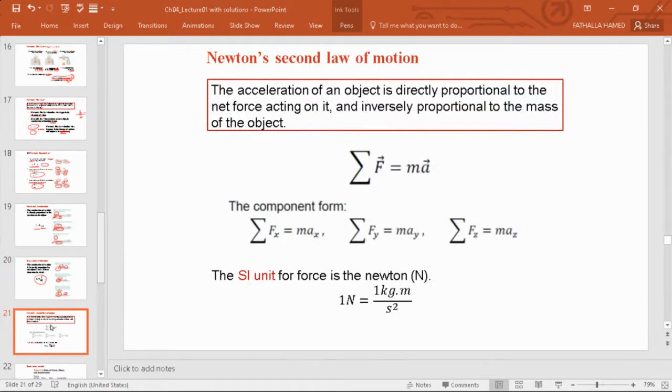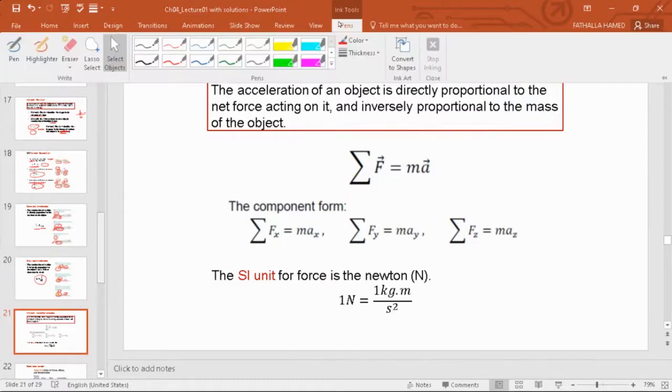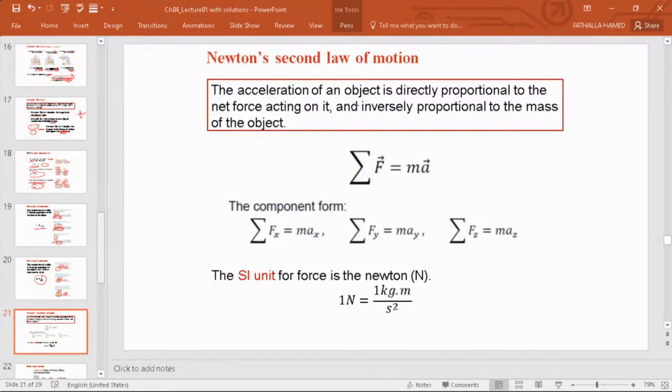So Newton's second law states the following. The acceleration of an object is directly proportional to the net force acting on it and inversely proportional to the mass of the object.